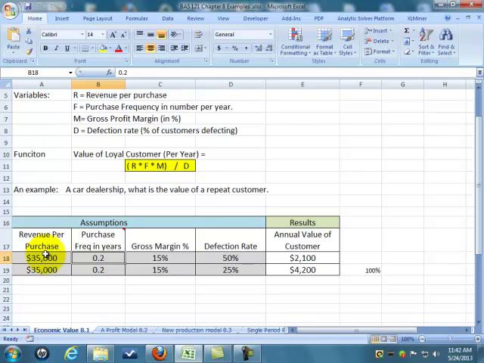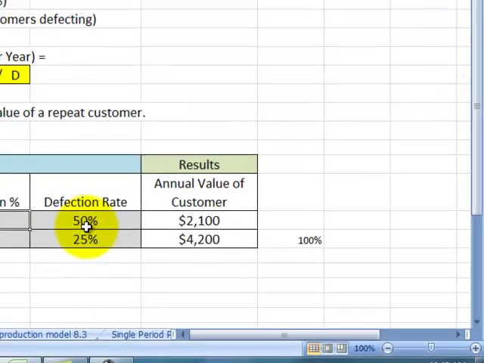They didn't give us any specific numbers, so I'm assuming an auto purchase, 35,000 for the car. They purchase a car about once every 5 years, so that would be 0.2 in any given year. Gross margin on a car I assumed to be 15%. And then I did a couple scenarios.